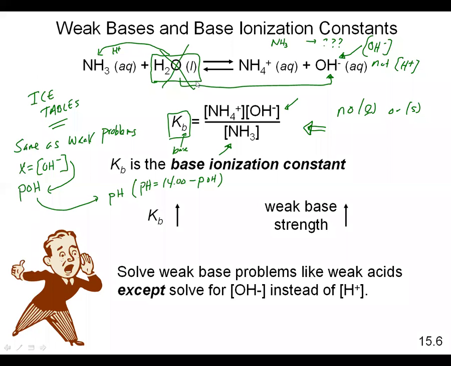If we have that large value of K, that means we have more products, and more products means more OH minus, which technically would make it a stronger weak base. And vice versa. If you had a small value of Kb, that means you should mainly have reactants and not as much free OH minus, which means it would be a weaker weak base, if that makes sense.